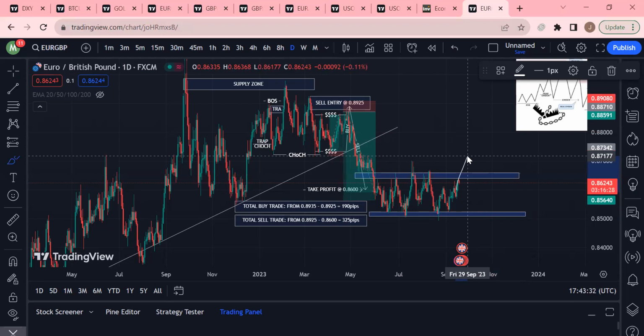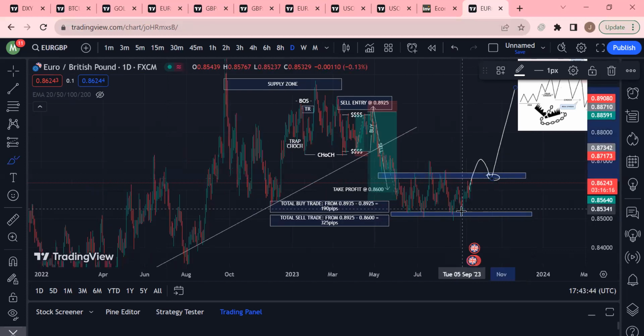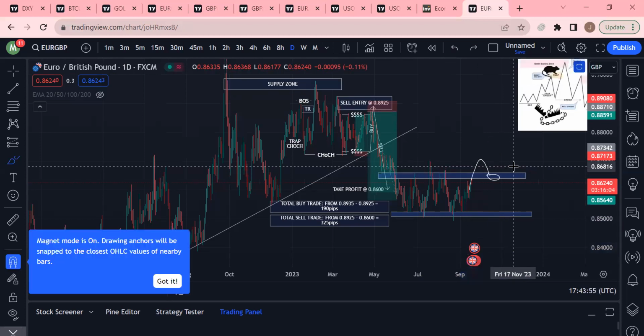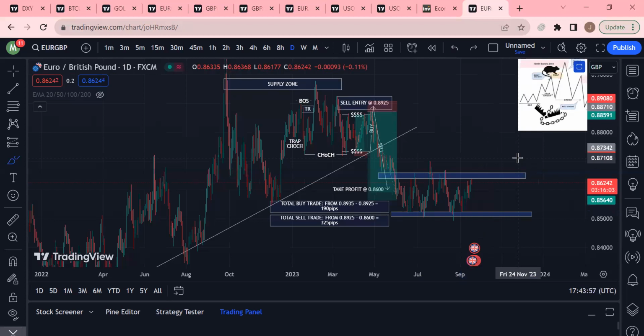If Euro breaks out of this market to the upside, because it's a direct correlation to the pound, and retests and finds support, Euro USD will move more than GBP USD. And if Euro GBP breaks to the downside and retests, you see that GBP USD will move more than Euro USD. That's what I apply.